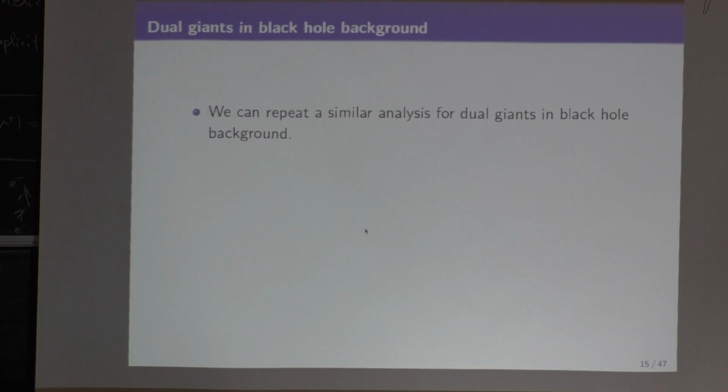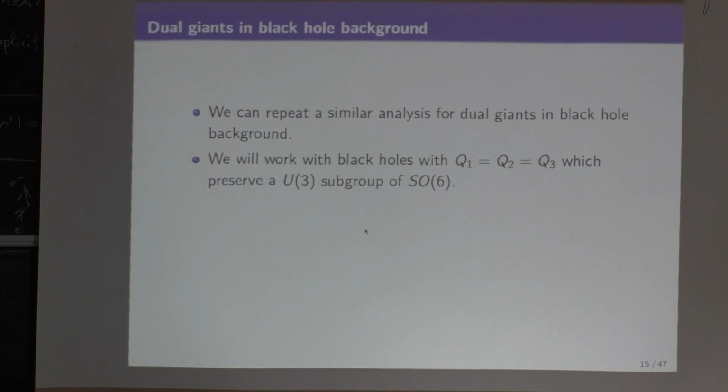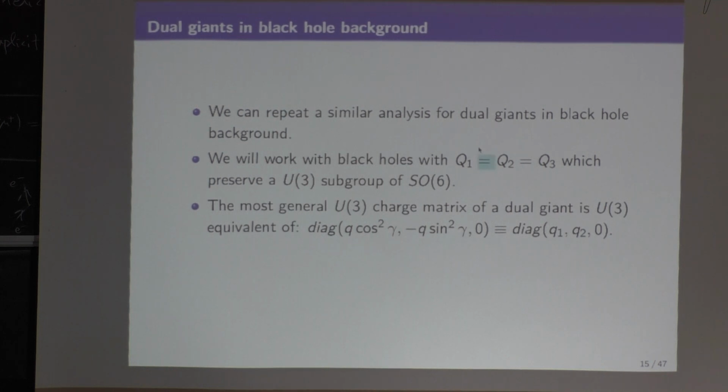Okay. So now we can do a similar analysis where we put this dual giant graviton in the black hole background. For simplicity we will work with black holes which have all three equal charges. This configuration breaks, as you mentioned, the SO(6) symmetry down to a U(3) subgroup. So now the dual giant gravitons will have charge under this U(3).